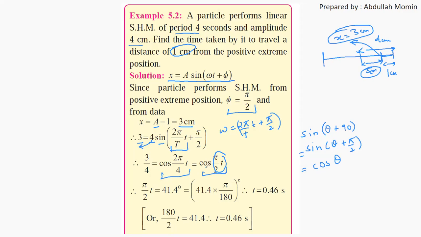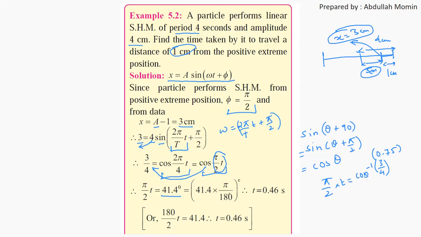That means cos goes to the other side and it can be written as pi by 2 into t equals cos inverse of 3 by 4. 3 by 4 can be written as 0.75. When you see the cos inverse from the logbook, you will get 41.4 degree.